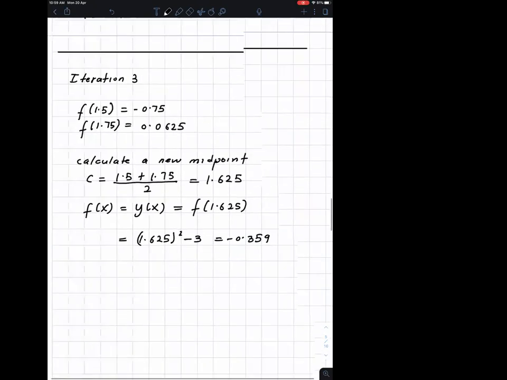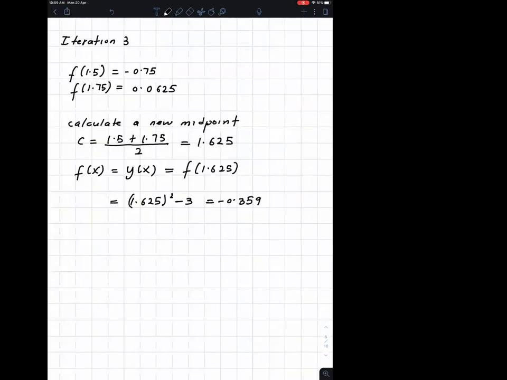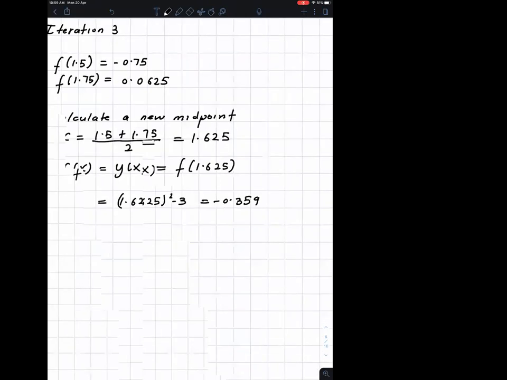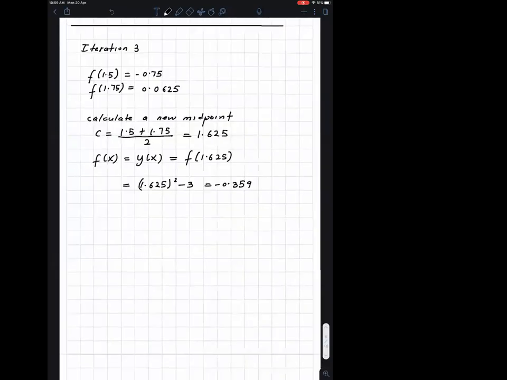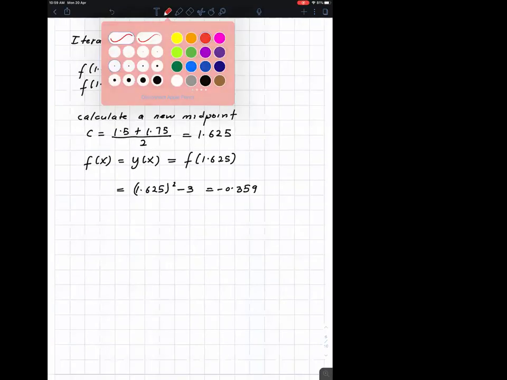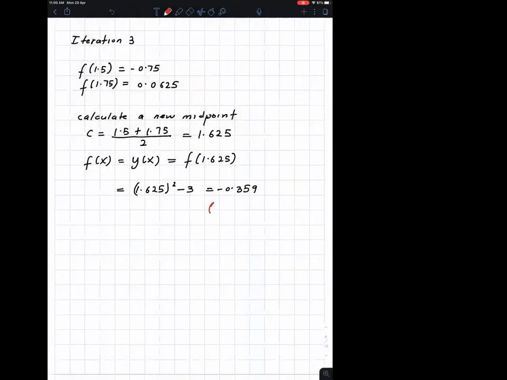So is this point below the x-axis or above the x-axis? The coordinate we have here is 1.625. The y value or fx value is minus 0.359.